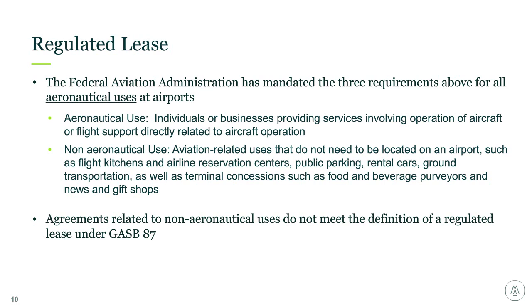You cannot apply this to other things located on the airport grounds, such as flight kitchens, airline reservation centers, or any of the terminal concessions, such as the gift shops and the restaurants inside the terminals. So it is important, for you airports, to make a very clear distinction between your aeronautical leases and non-aeronautical leases, so you're able to really bifurcate what parts of this standard to apply.